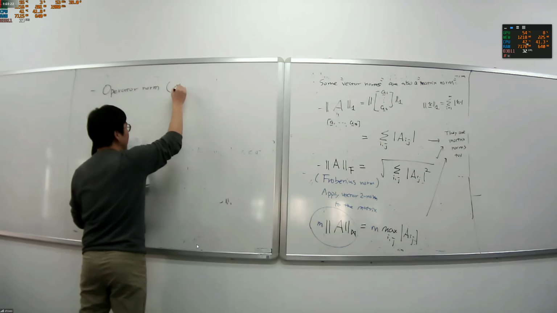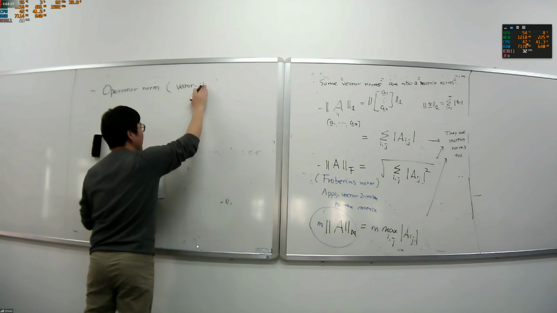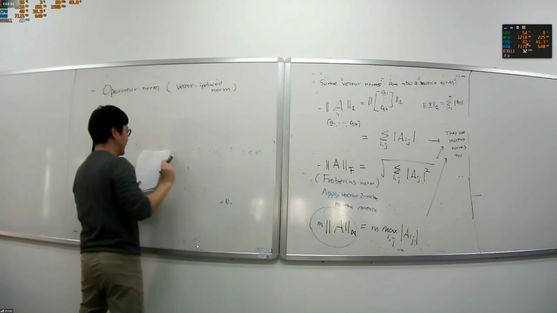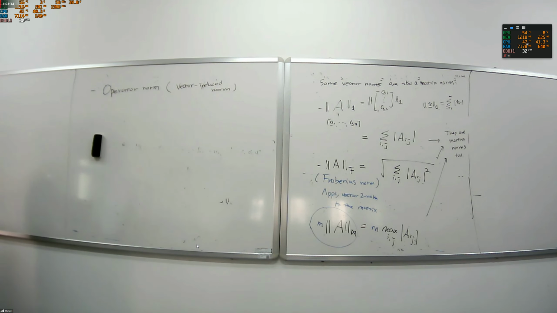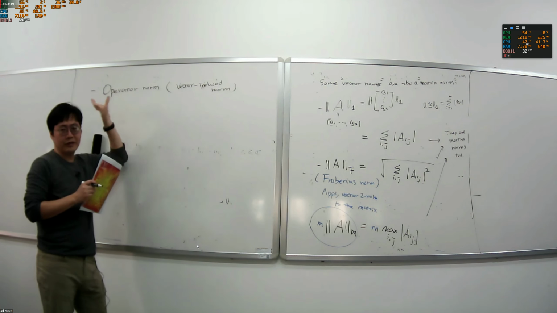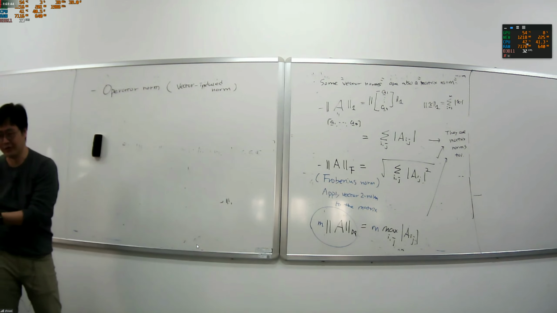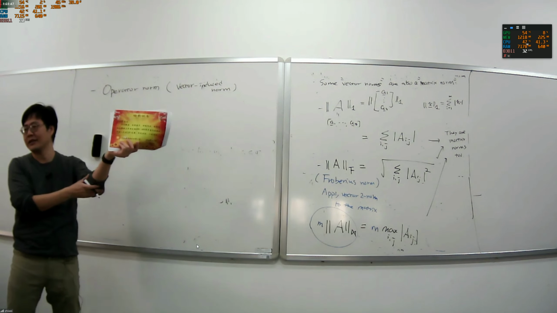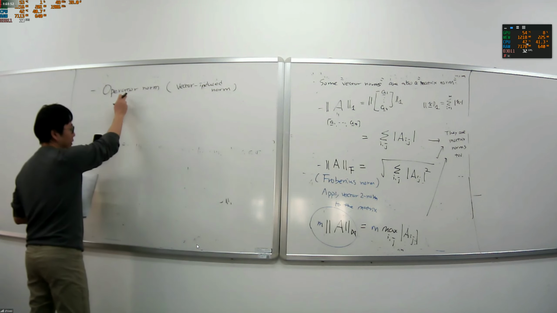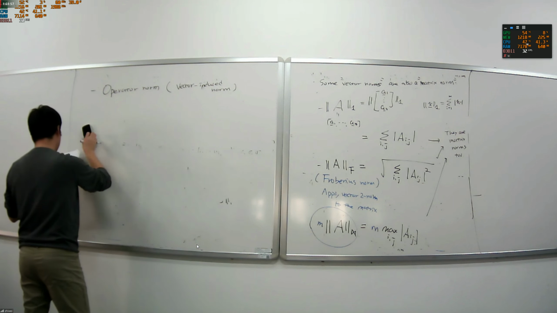Actually, a better name is vector induced norm. What do I mean? This operator norm is induced by a vector norm. So you have a vector norm, then we can generate a matrix norm, and this kind of norm is called the operator norm.